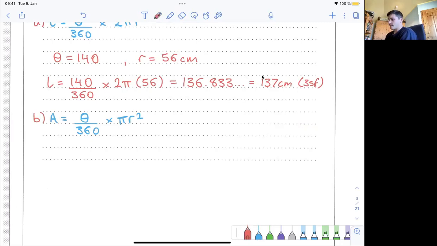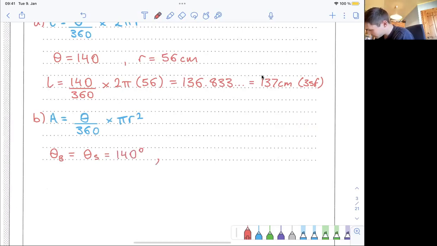Okay. So what we're going to say is that theta for our big sector and theta for our small sector are going to be the same. These equal 140 degrees, right?